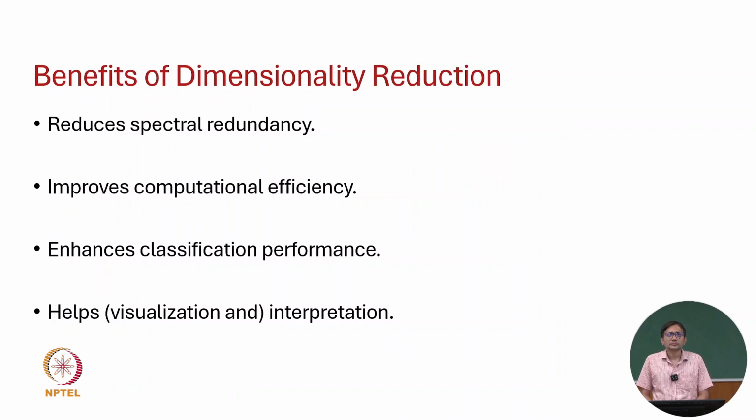So with these challenges in mind, let us try to list down the potential benefits of dimensionality reduction. It includes reducing spectral redundancy, as we have mentioned that the adjacent bands can show high correlation.